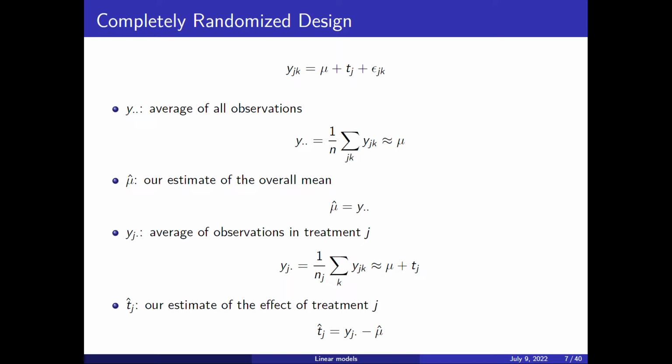And the same for the treatment. So an estimate of the effect of the treatment could be the difference between the mean of the group receiving that treatment and the overall mean. That is what you have here.